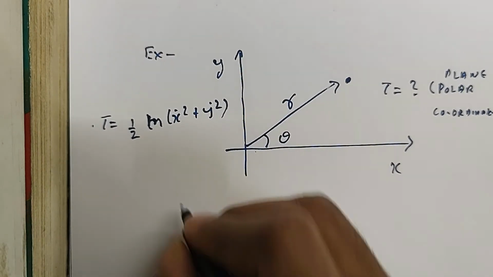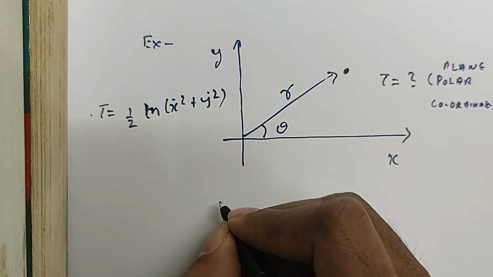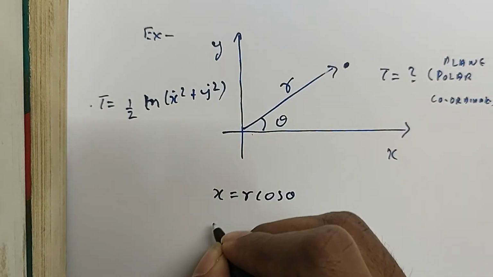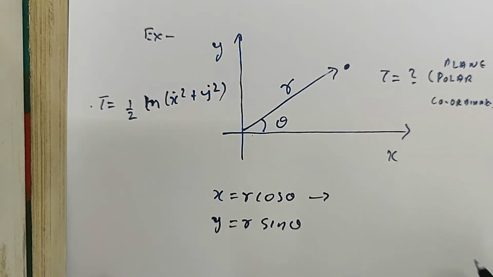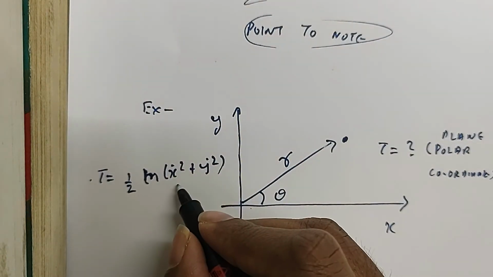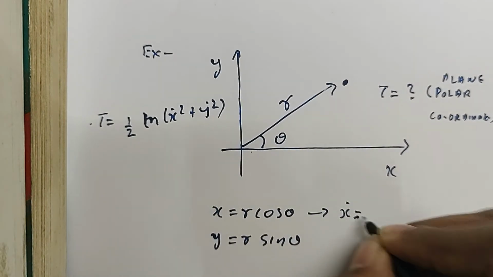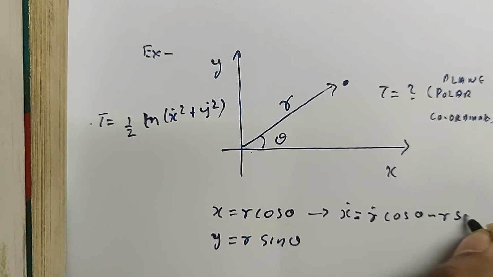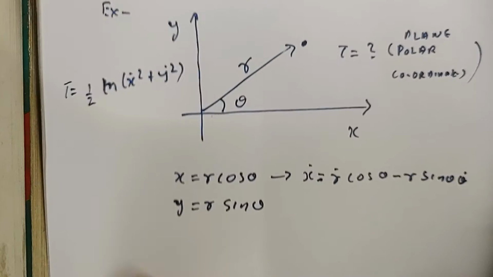Okay, what can I do? I know how to transcend from the Cartesian coordinates to polar coordinates by writing the following form: x is equal to r cos theta, y is equal to r sin theta. So my expression needs the first order time differentiation. So I will do x dot: r dot cos theta, I'm just using the product rule, nothing more, minus r sin theta, and I will have a theta dot component as well.